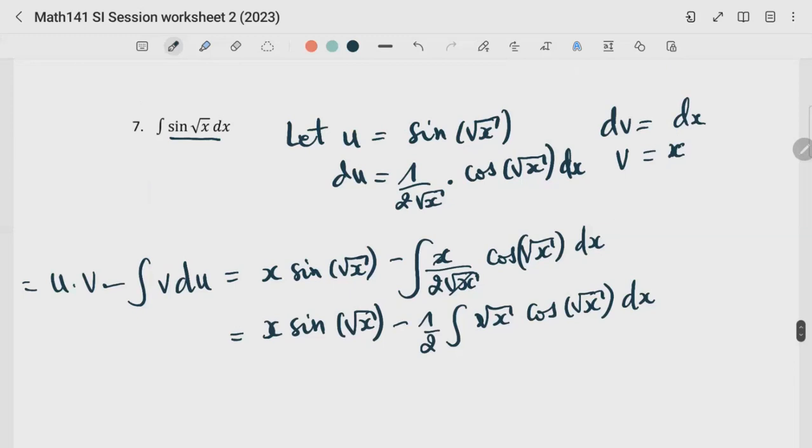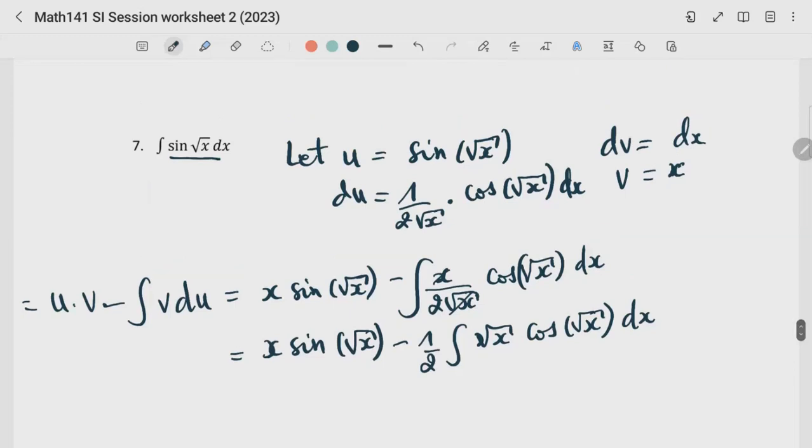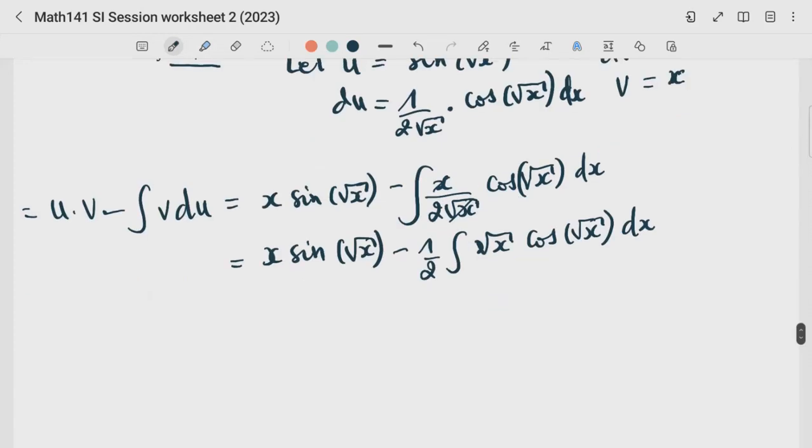So now we are finding ourselves in a situation where we might have to use integration by parts again, right? Or do we have to use integration by parts? What do you guys think?